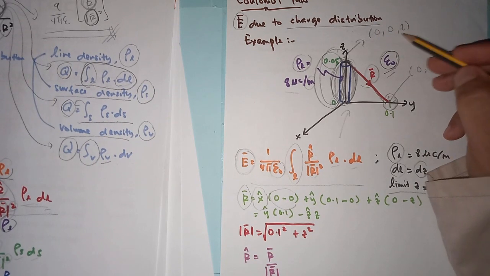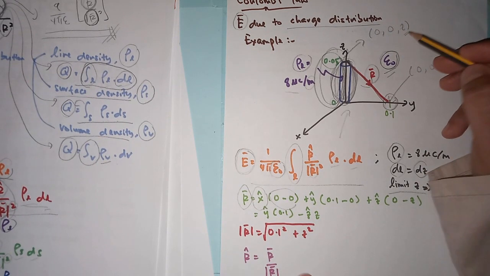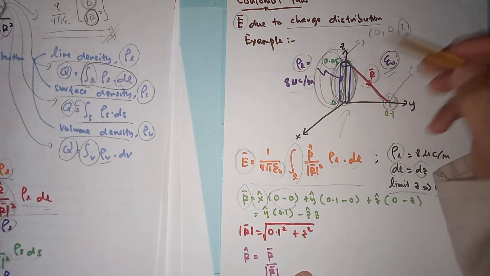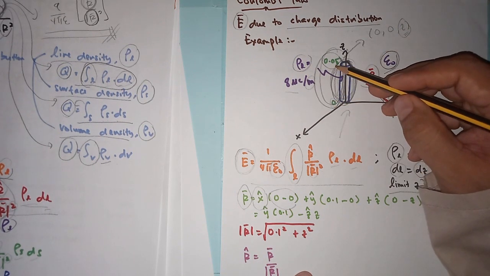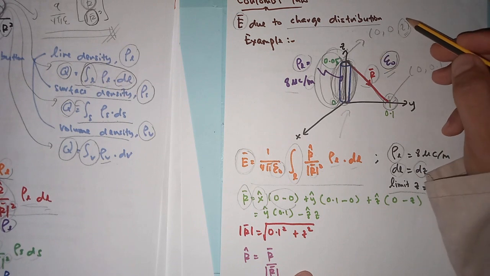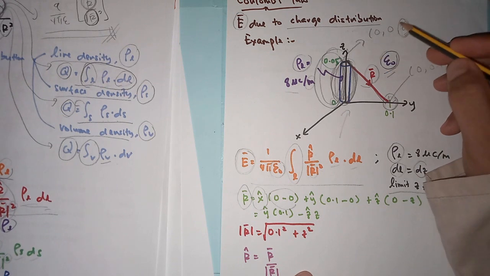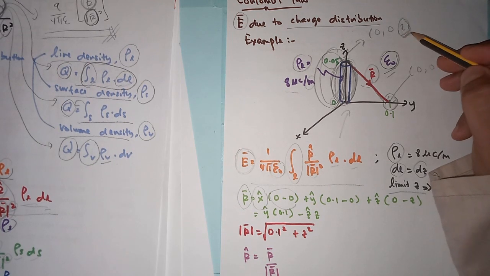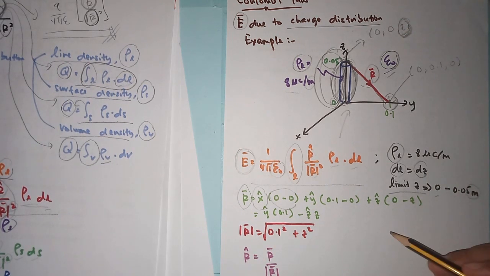We cannot put any numerical value for z because z could be any point along this line, from 0 until 0.05. So we leave this coordinate as z only.